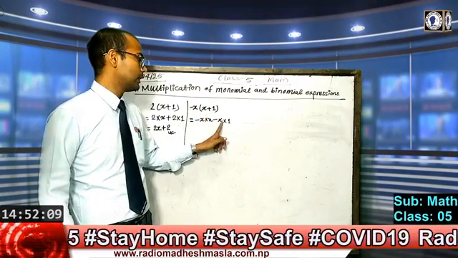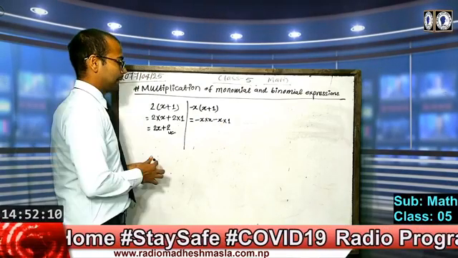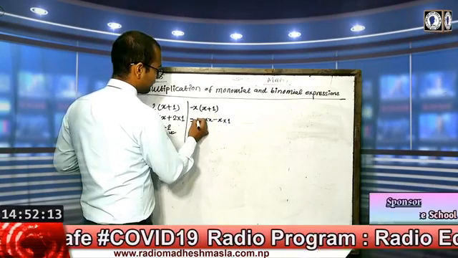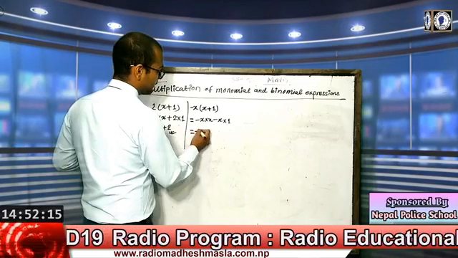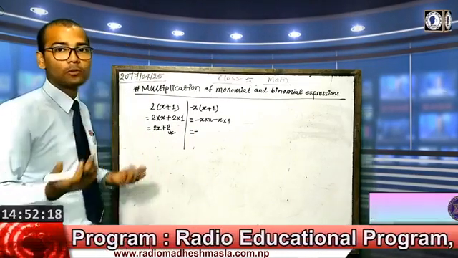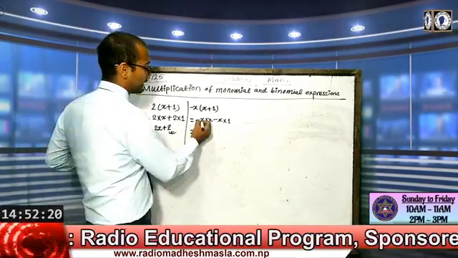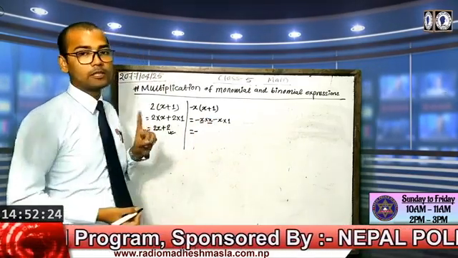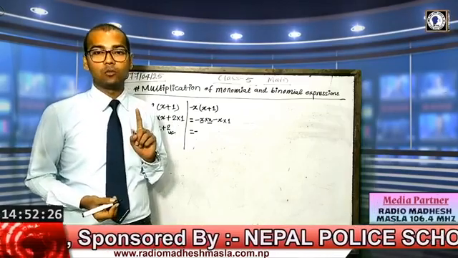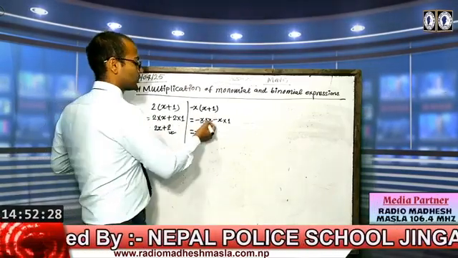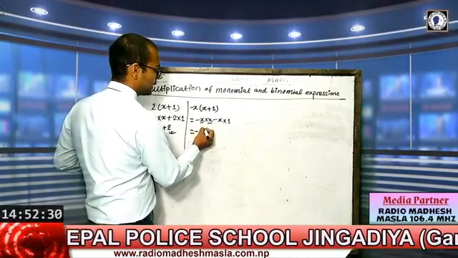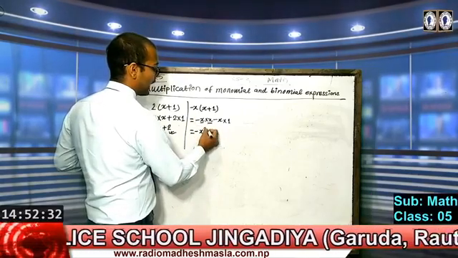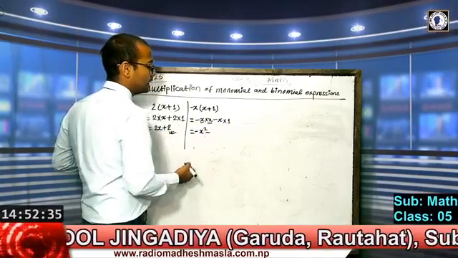After multiplying we will get minus x into x. If the bases are the same, then the powers should be added. So here we have the same base, and there is no power, it means their power is 1. So 1 plus 1 is equal to 2. It means x to the power 2, and minus x into 1 is.